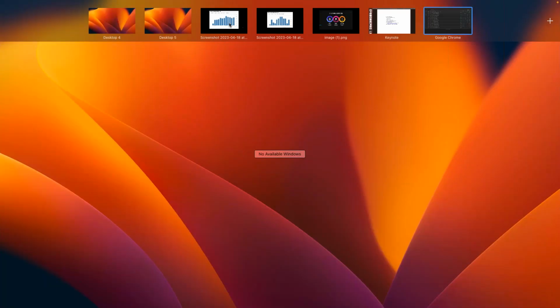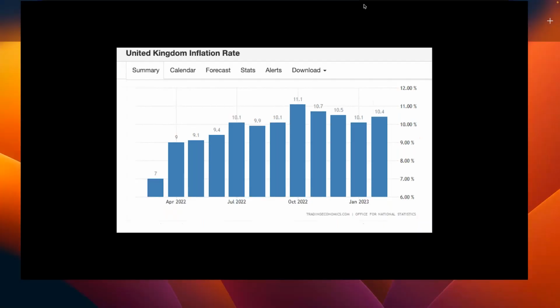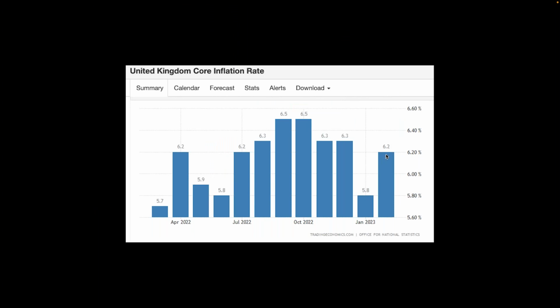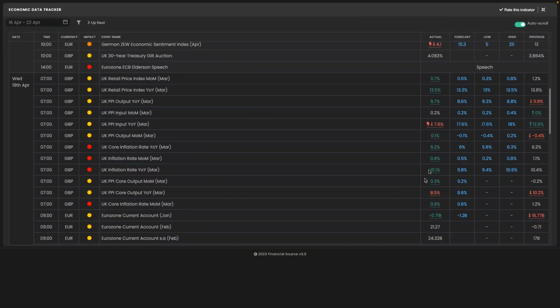And if we look at the headline inflation, 10.4 was the prior reading. We're staying in double digits, we're staying sticky, and the core print was coming in at that 6.2 area.